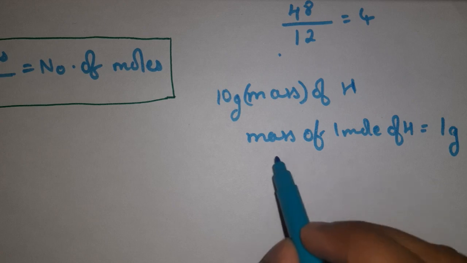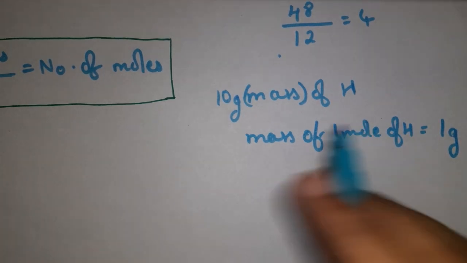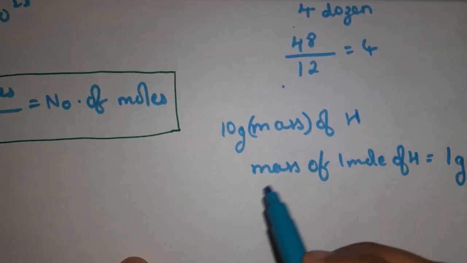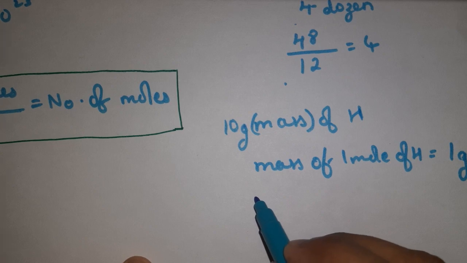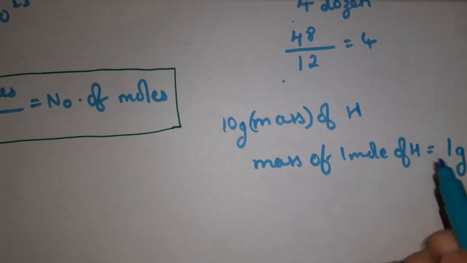It's simple, right? So 10 grams and 1 gram of hydrogen.